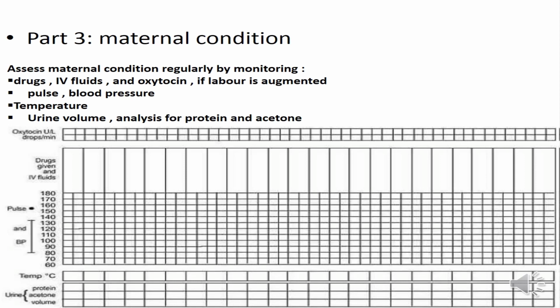Assess maternal condition regularly by monitoring drugs, IV fluid, oxytocin if labor is augmented, pulse, blood pressure, temperature, urine volume, analysis for protein and acetone. Here, drugs given, IV fluid, pulse, the blood pressure, the temperature, urine if protein, acetone, and volume of urine.